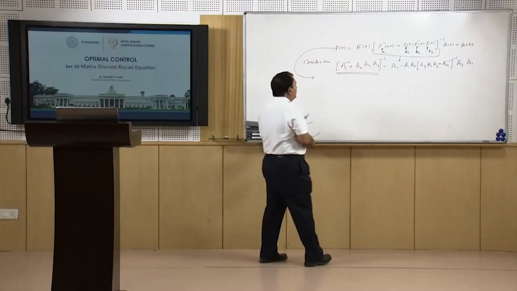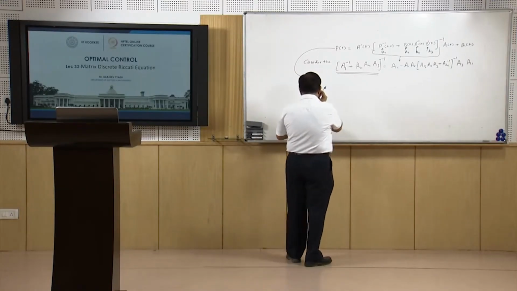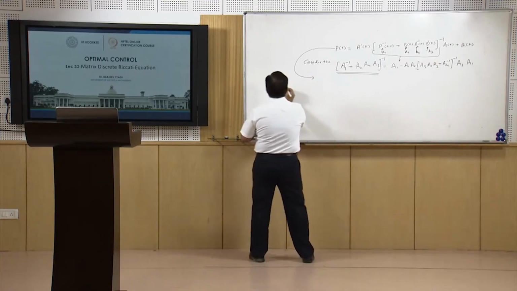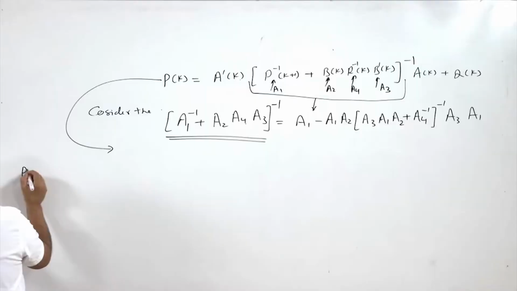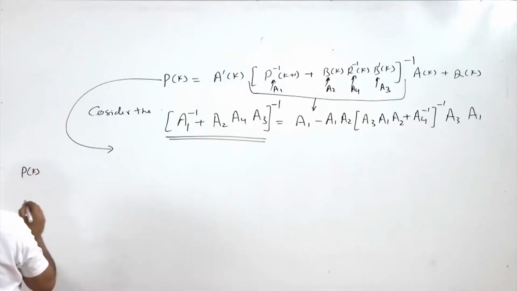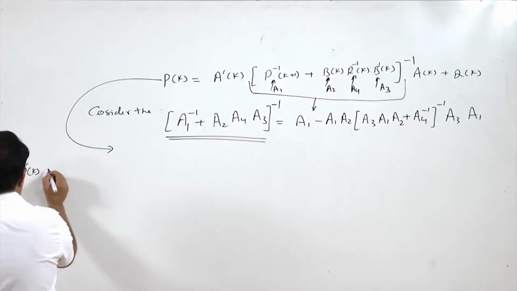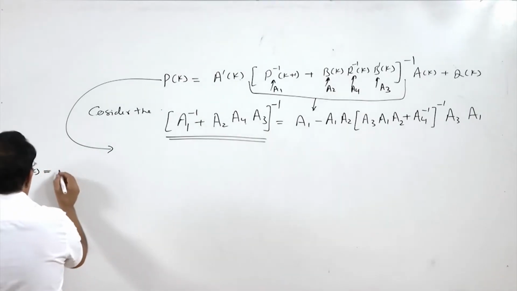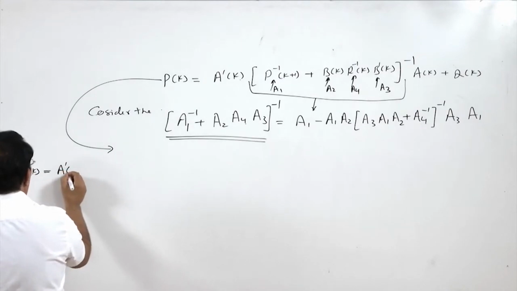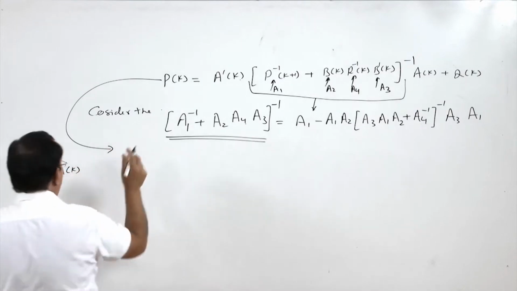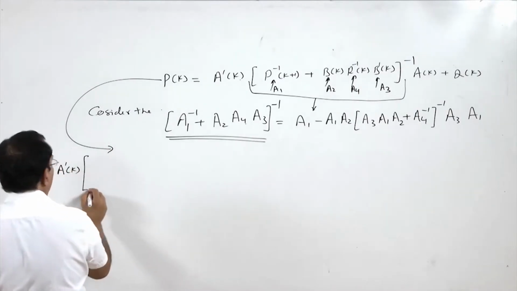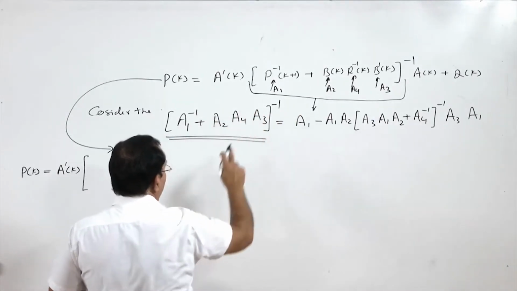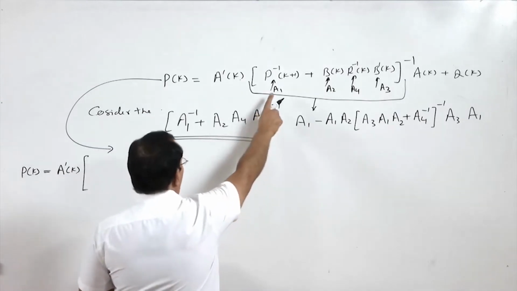So, if I expand this, what will I get? I will get Pk, which is A prime k, and I expand this matrix using this identity.